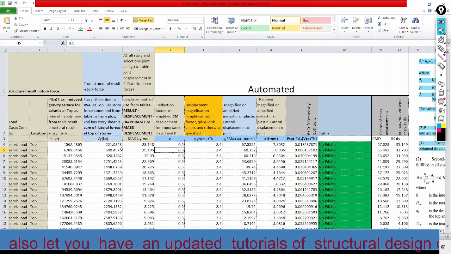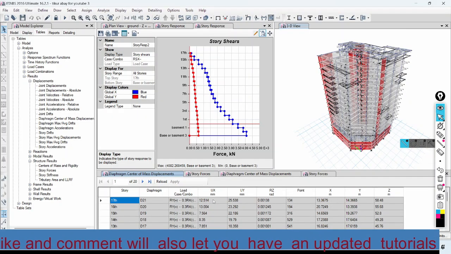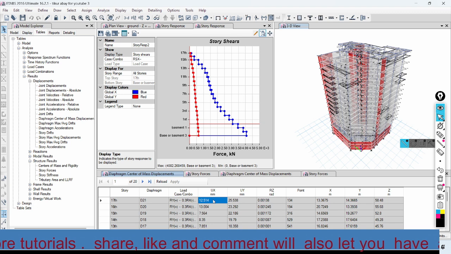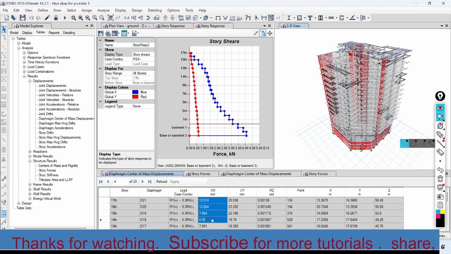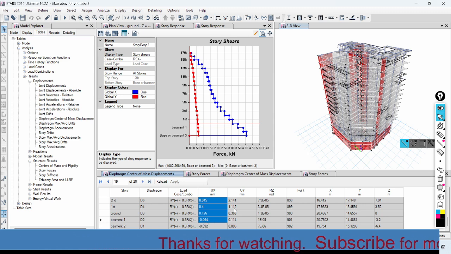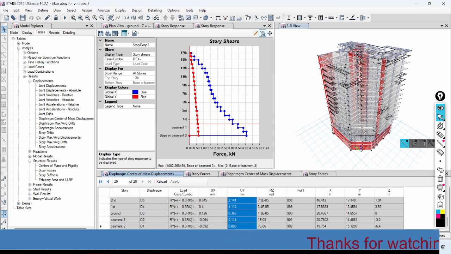Okay. Copy this one. That means the displacement in y direction.